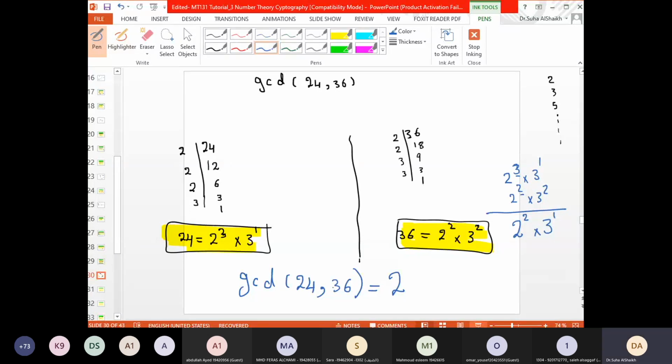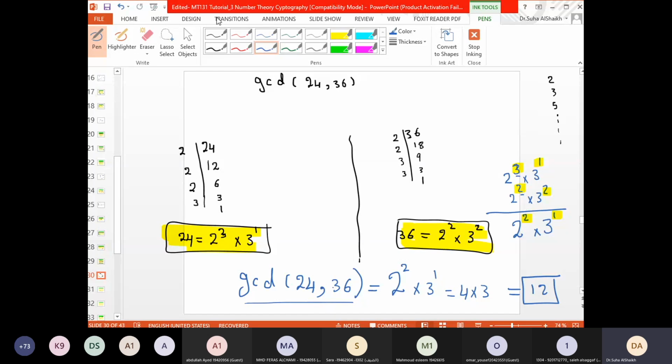So the result will be 2 to the power 2 multiplied with 3 to the power 1, which is 4 multiplied with 3, which equals 12. So this answers the question. What's the GCD? It's equal to 12.